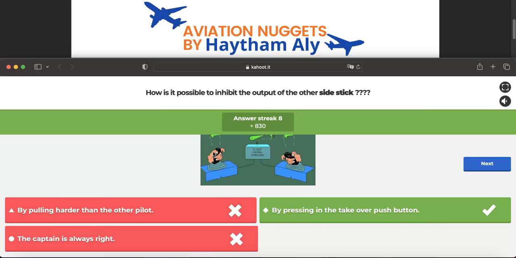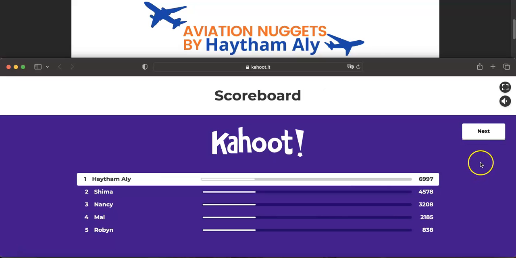By pressing and holding the red push button for almost 40 seconds to take priority. So, is it possible to inhibit the output of the other side stick? Yes. How? By pressing the takeover push button on the side stick. Okay, everybody. Let's proceed. Next question.